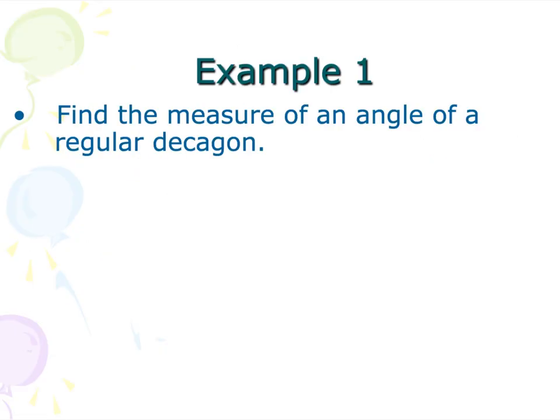So here it says find the measure of an angle of a regular decagon. Okay, when they say an angle of a regular decagon, they're implying the interior. All right, so if I use my interior angle formula, so one interior angle is equal to 180 times the number of sides minus 2, 10 for a decagon.